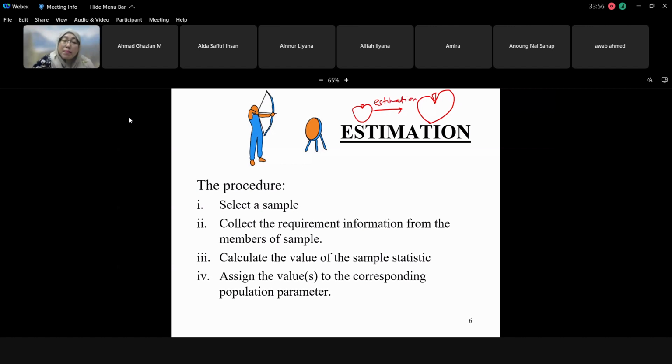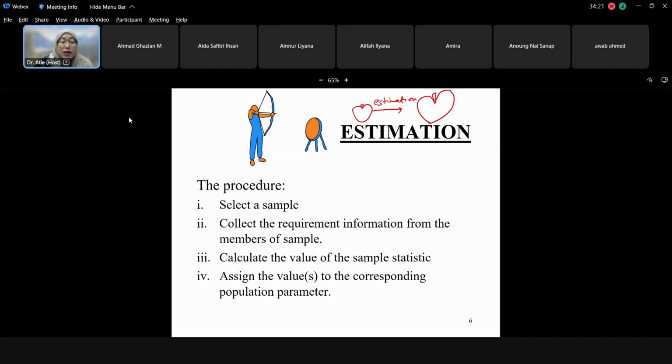But the verb, the process of doing the estimation, we call it estimate, to estimate. So these are the procedures. Hopefully during our face-to-face class, we can also do this, based on that list of 50 that you have collected somewhere.